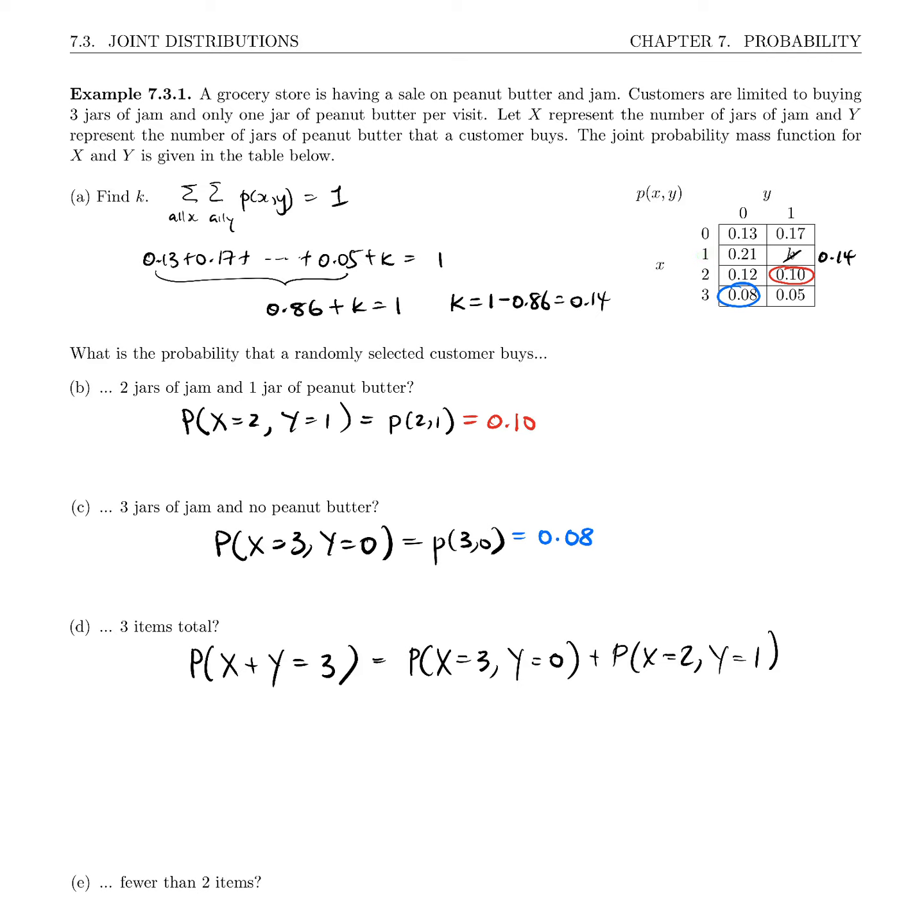Well, to get to 3, we would have to buy 2 jars of peanut butter, and there is no column for 2. And so those are the only 2 possibilities in our support. So this is p of 3, 0 plus p of 2, 1, which are conveniently the same values as in the previous 2 questions. So 0.08 plus 0.10 or 0.18.